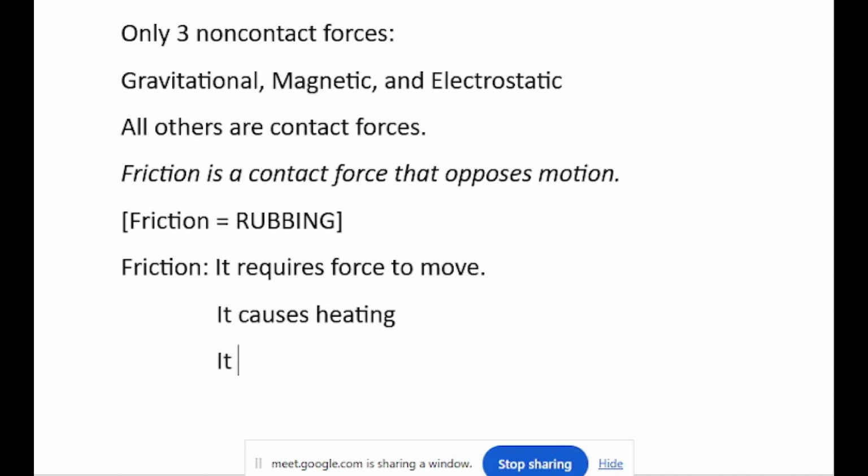third, it will damage the surface. It will damage the surface. A new shoe and an old shoe, what is the difference? Look at the bottom of a new shoe and an old shoe.